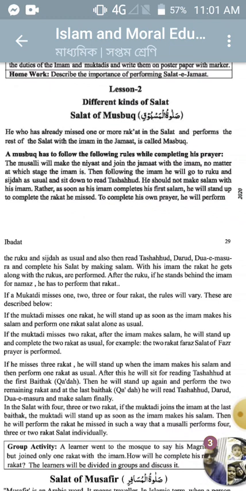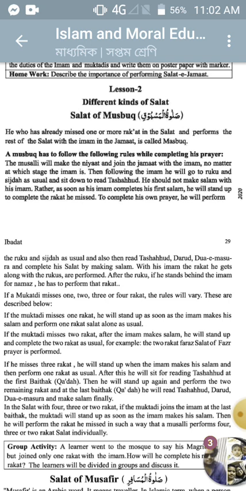He should not make salam with the imam. Rather, as soon as the imam completes his salam, he will stand up to complete the rakat he missed. To complete his own prayer, he will perform ruku and sijda as usual, then read tashahhud, durud, dua masura, and complete his salat by making salam.